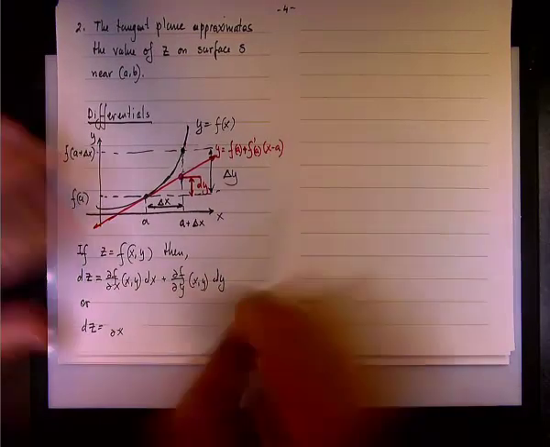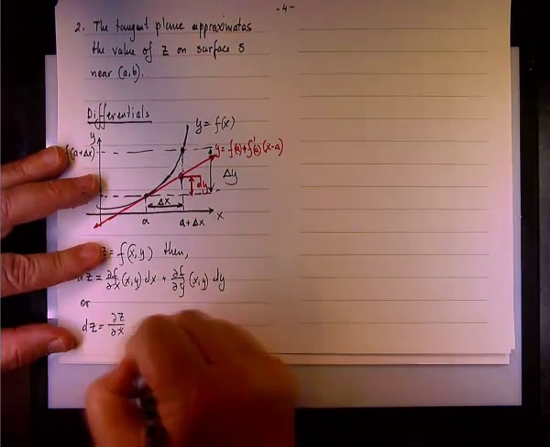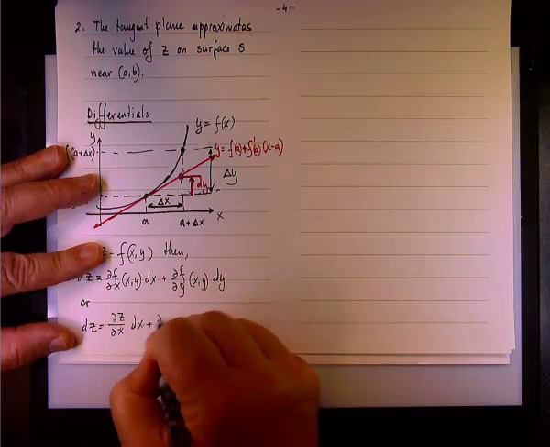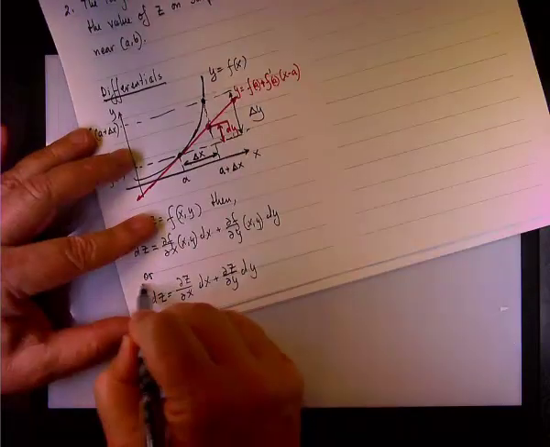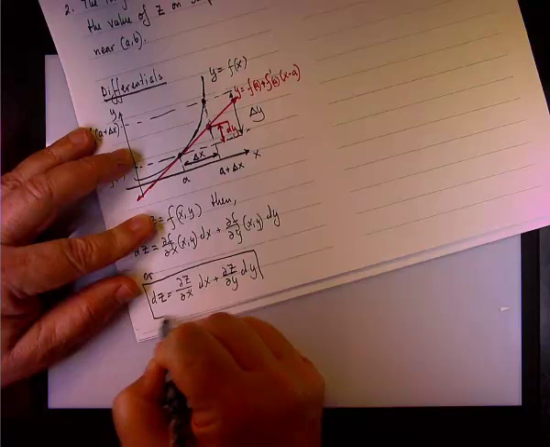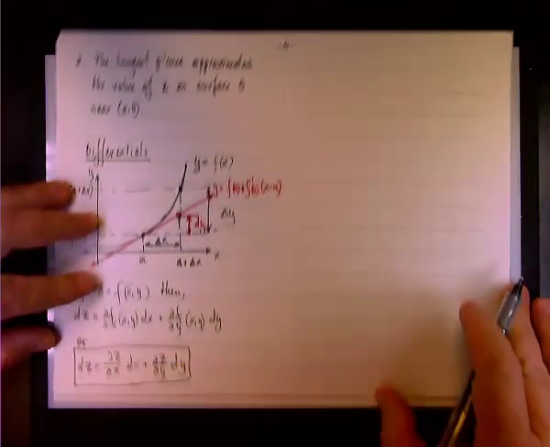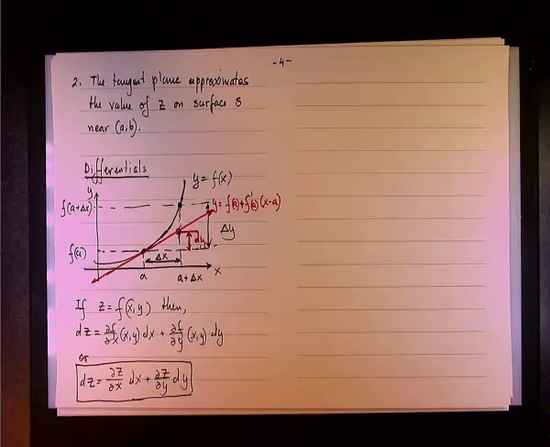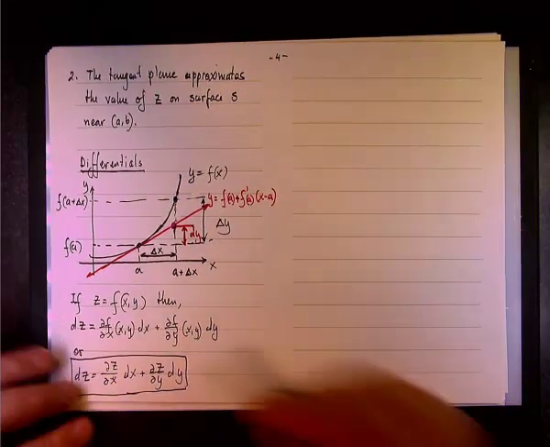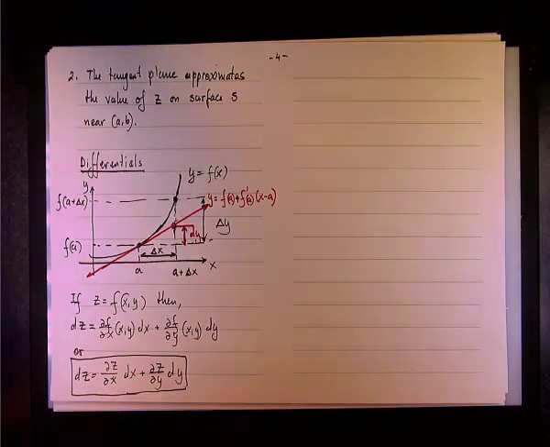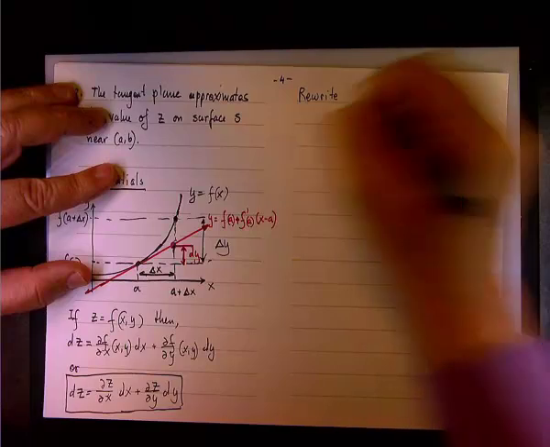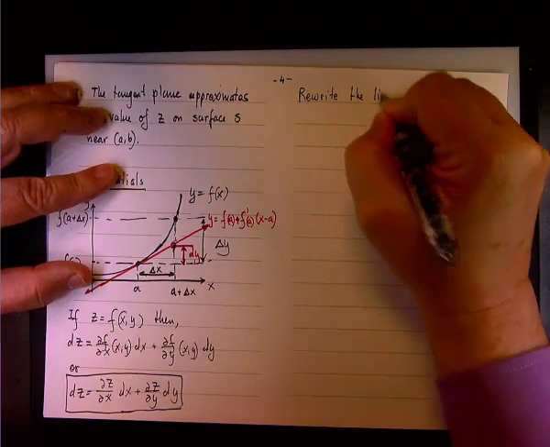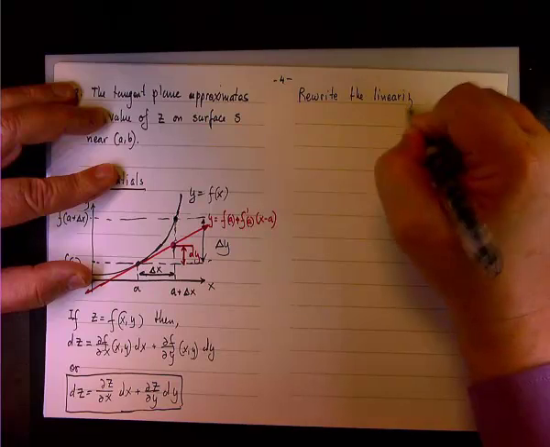Or, because f and z are interchangeable, dz will be del z del x times dx plus del z del y times dy. That's a much more compact form. And this is just dz. It's not really delta z, but it's close.